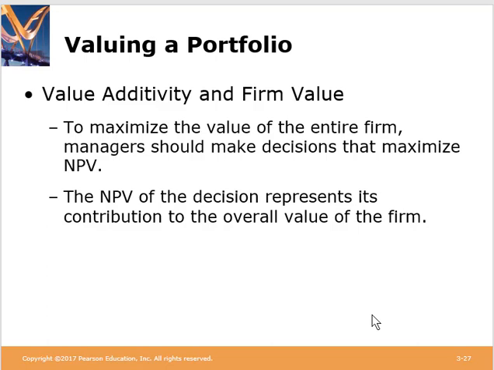So the net present value of a decision represents the contribution to the overall value of the company. Just referring back, if you do projects that have positive net present value, you are adding to the overall value of the firm. If the firm is growing, who gets the benefit of that growth? And of course, it's the shareholders.